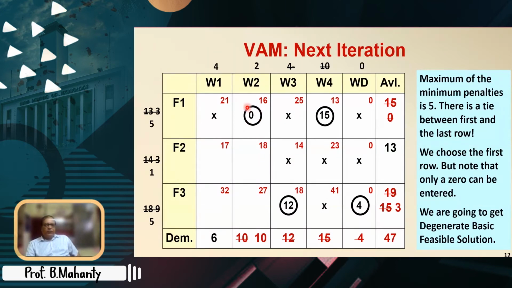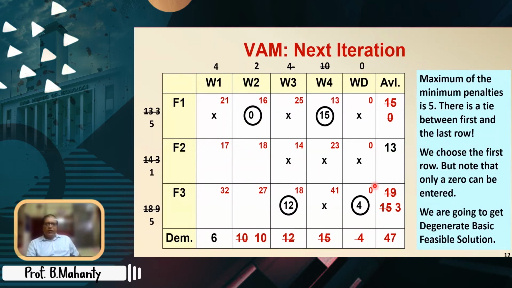Right, so we put that 0, and the moment we have put a 0, we know that we are going to get a degenerate basic feasible solution. That means the solution that we are finally going to get is going to be degenerate, because we have a 0 in one of the squares.